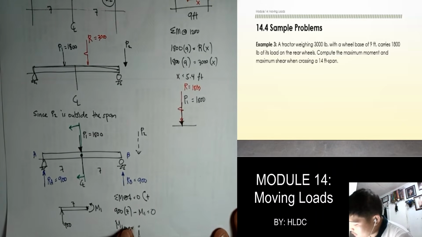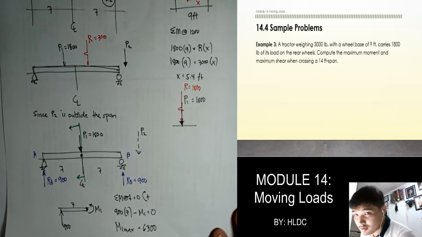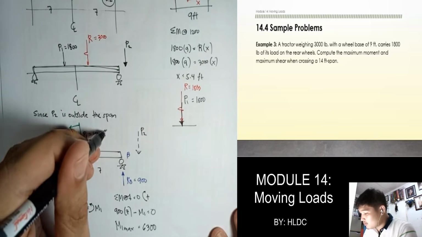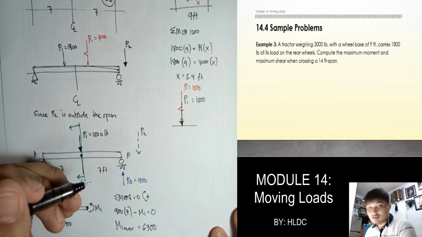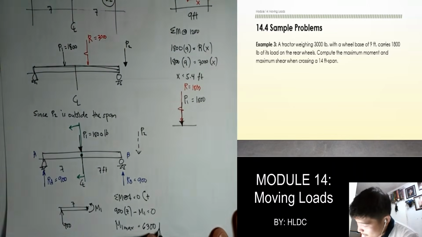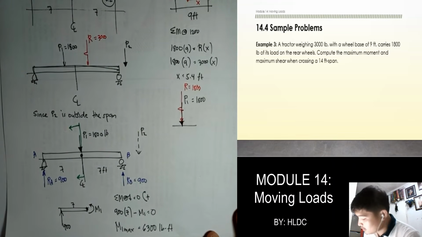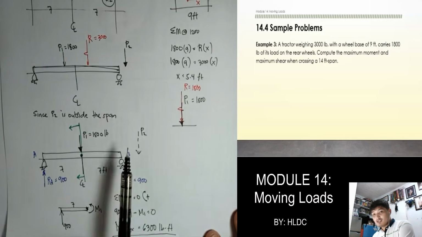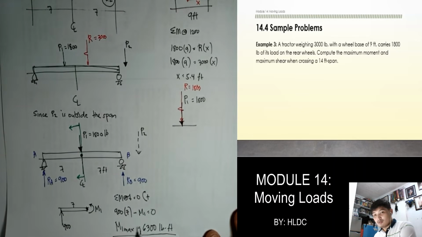So ilan to, class? 900 times 7, so that is 6,300, and then the unit is, ilan ba to? Pounds, and then ito is feet. So, pound-foot. Okay, pero dahil may pagbabago sa analysis, hindi pa natin pwedeng sabihin ito yung absolute maximum moment.